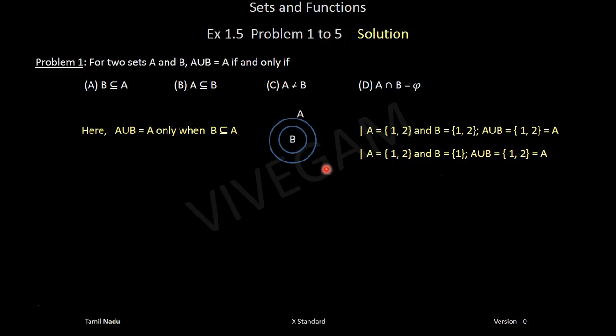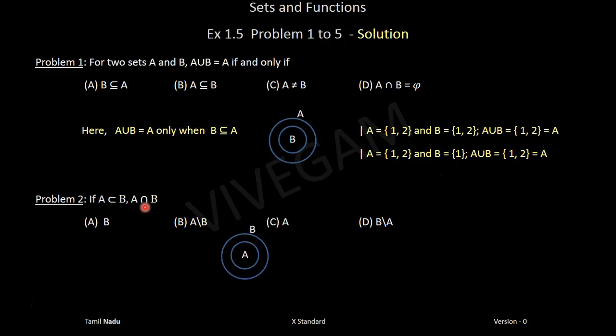Right, next case. A is a subset of B and A intersection B. Basically, A is a subset of B means you'll have to draw two circles, and circle A is inside B. That's what we saw here. So draw two circles and name the outer circle B, and since A is a subset of B, A will be the inner circle.